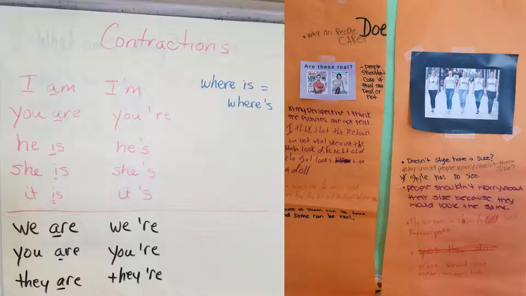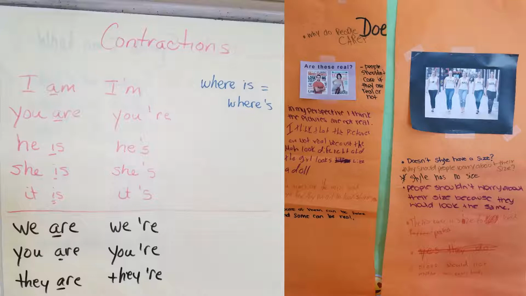Obviously here they're working on contractions, but having this visual cue up here helps students remember how to conjugate the verb correctly that they were working on in the English language. Now, when students are speaking or writing, it just takes a quick look up to the board to choose which contraction was correct, and then they could go back to whichever oral or written activity they were working on.